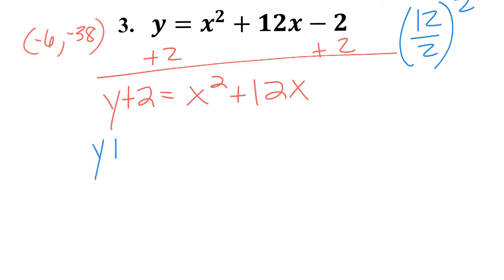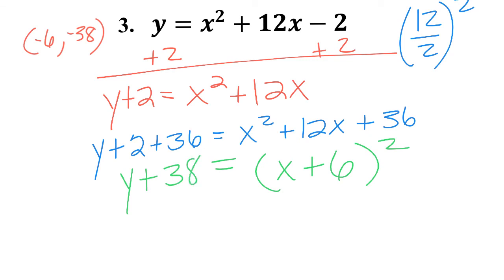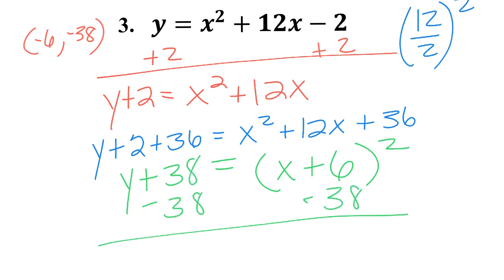So y plus 2 plus 36 equals x squared plus 12x plus 36. Remember, our perfect square trinomial, you should have had x plus 6. And over here, 2 and 36 combine to give me 38, which I'm going to subtract to isolate the y.